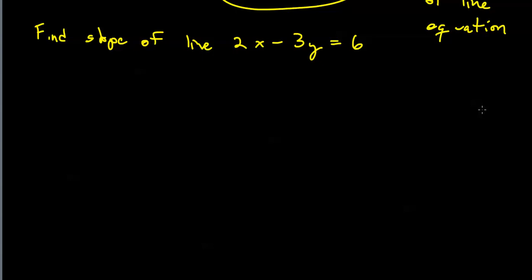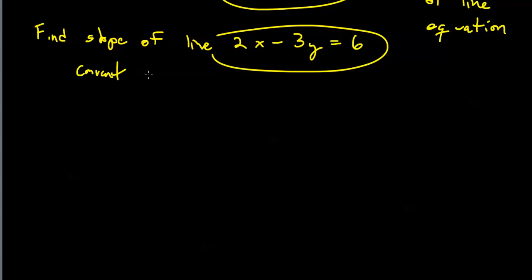Well, this form, y equals mx plus b, makes it quite a bit easier. All I need to do is convert this equation to the form y equals mx plus b, and then I'll be able to read off the slope as my x coefficient or my x multiplier.